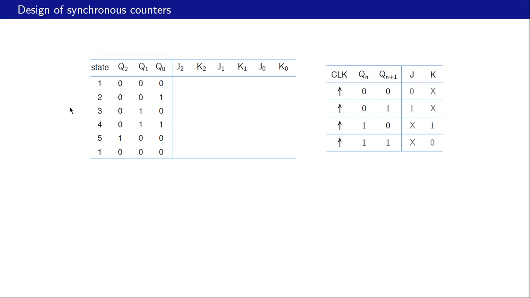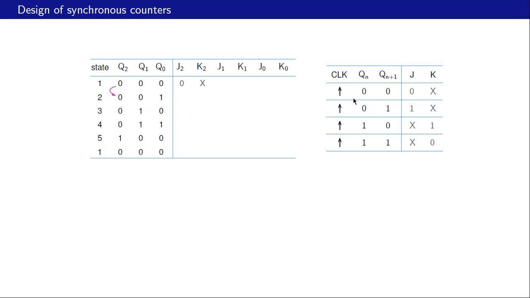Alright, let us get started. Here is our table for J and K from given Qn and Qn plus 1. Let us start with the first change, that is from state 1 to state 2, and let us consider Q2 first. Q2 is changing from 0 to 0.